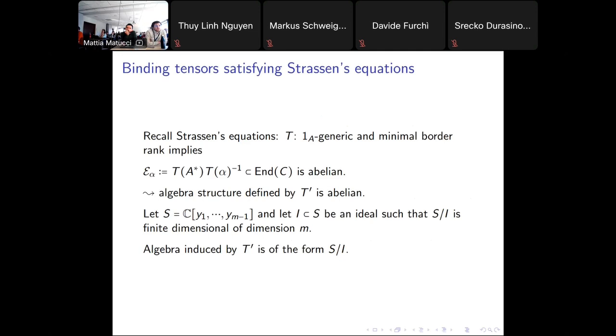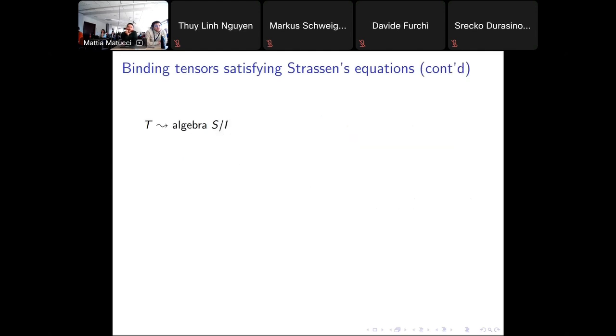All right, so now we have an algebra that's a polynomial ring quotiented by an ideal.